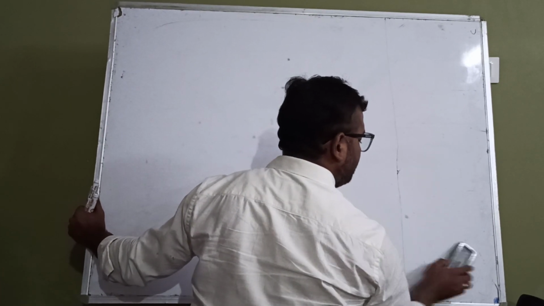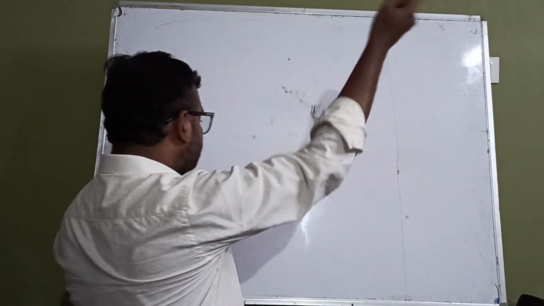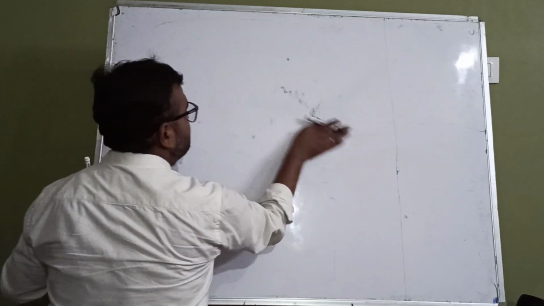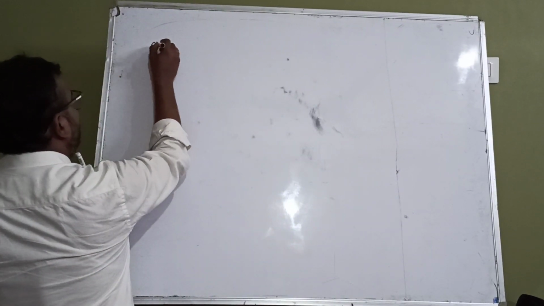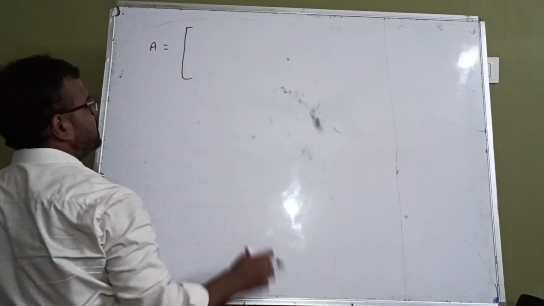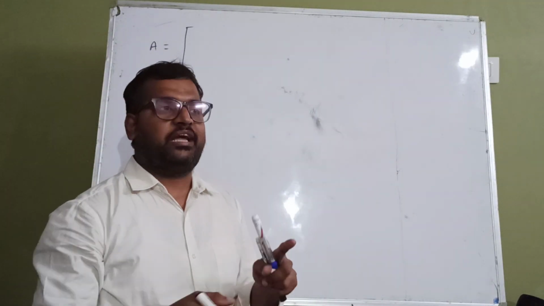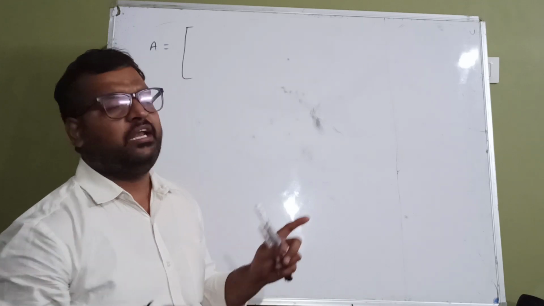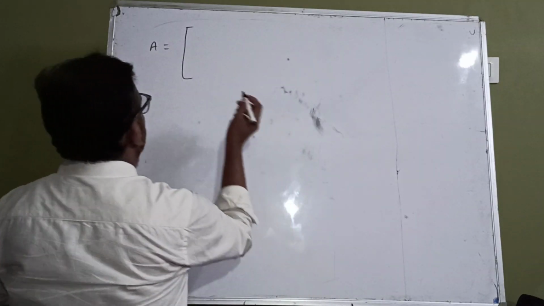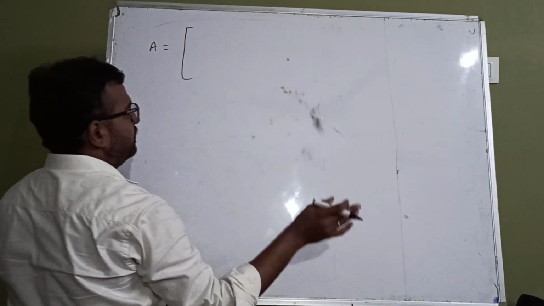Now one very important question arises here. Suppose A is a triangular matrix. If I say triangular matrix, it means it can be upper or lower, anyone can be. Now suppose A is a triangular matrix.